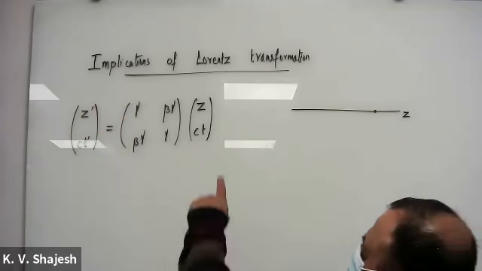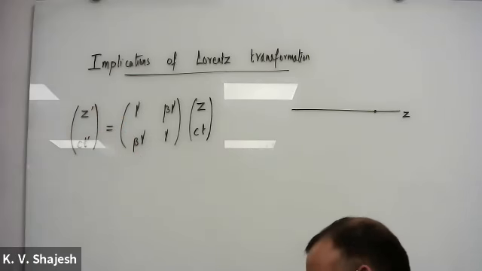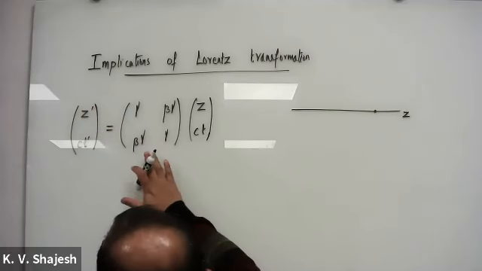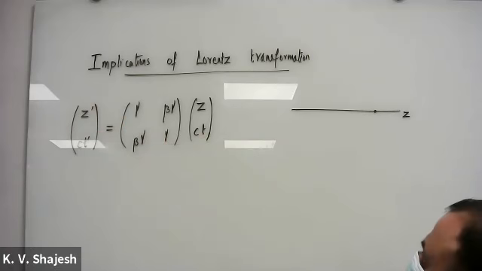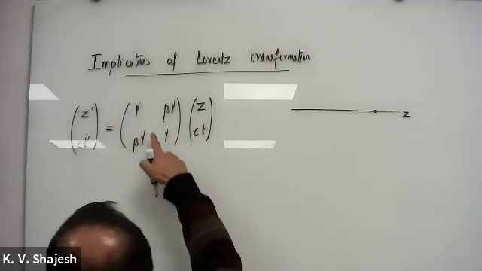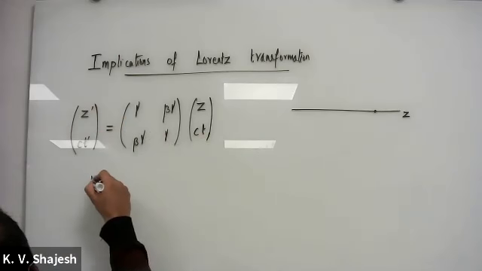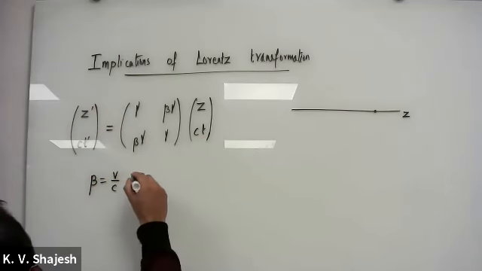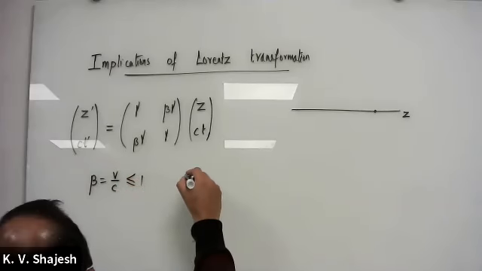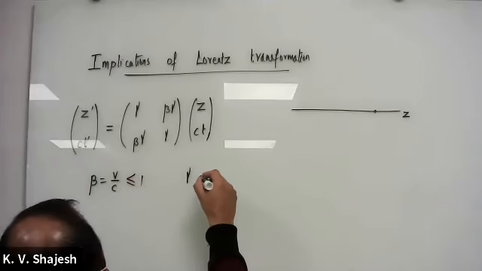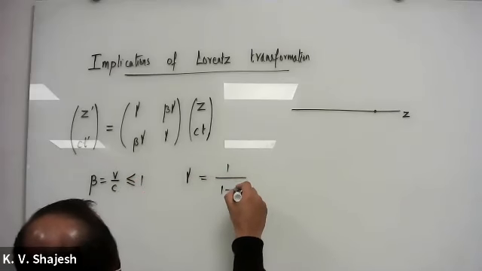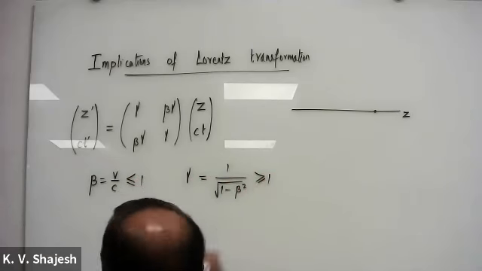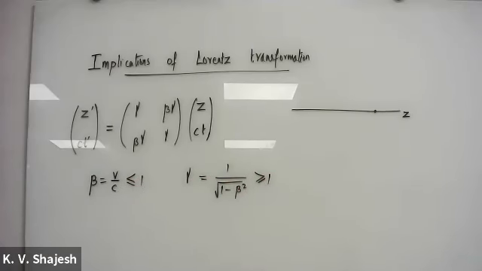Beta is v over c, a dimensionless quantity which is always less than or equal to 1, and gamma, which is equal to 1 over the square root of 1 minus beta squared, is always greater than or equal to 1.